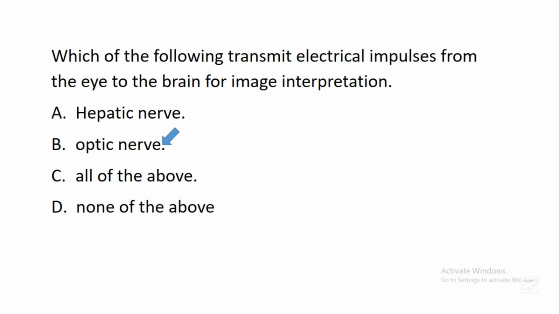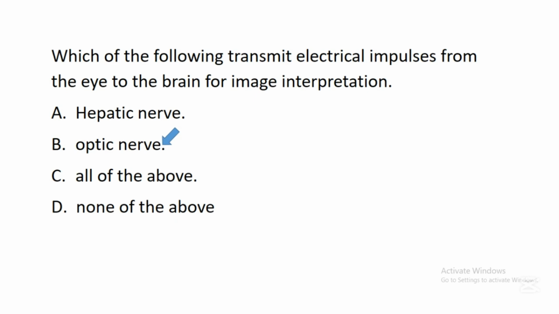So this optic nerve is a nerve that helps in transmission of electrical impulses from the eye to the brain for image interpretation. It's a nerve that channels impulse movements from the eye to the brain.